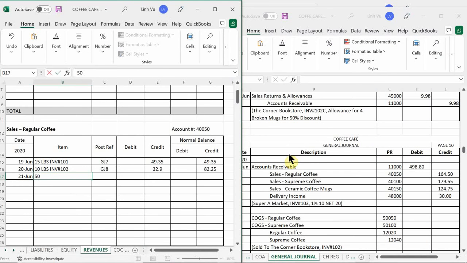We sold 50 pounds on invoice number 103 for a total of 164.50.